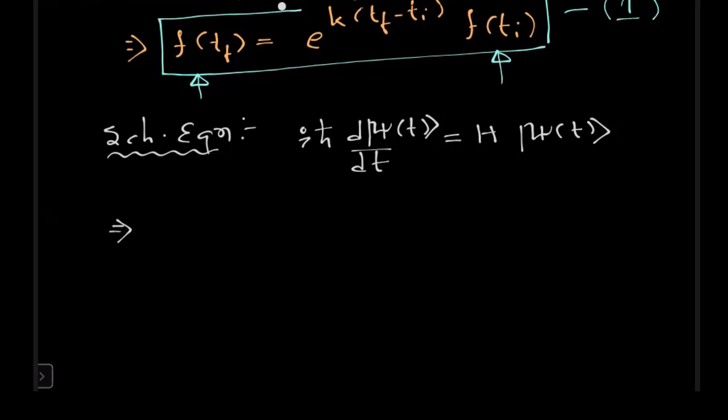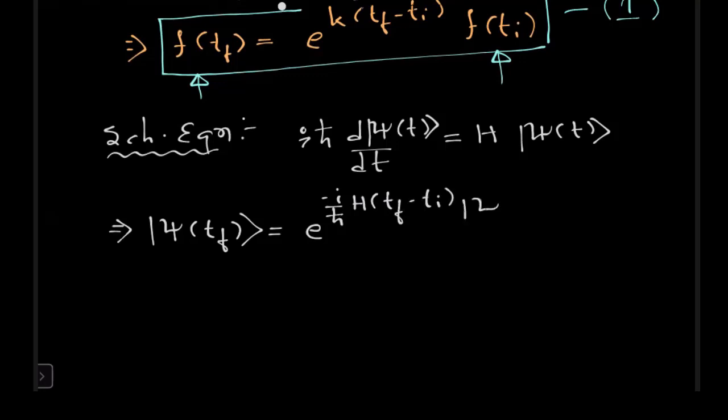It turns out that you can write the state psi of t_f, which is the state at final time, equal to e to the power minus i over h-bar, and so on. You do it the same way we did the last equation. So everything is almost the same with little changes. This is the exponential term, and here we have psi of t_i.